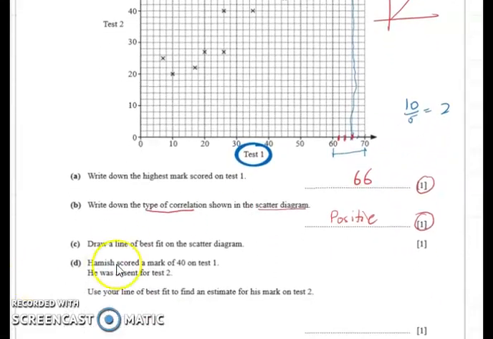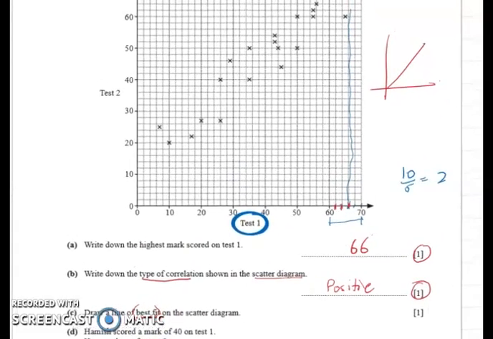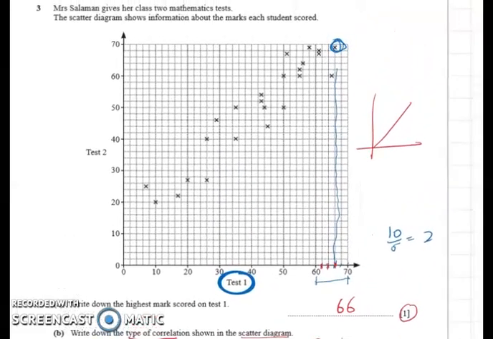Okay, and then draw a line of best fit. Best fit means the line has to be as close as possible to the most points. I'm doing it on a pen tablet, so I cannot get the most accurate answer here, and you can give it a try.